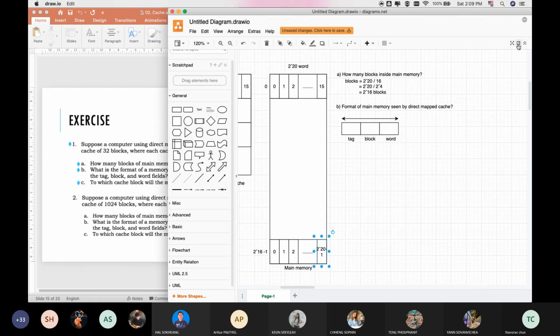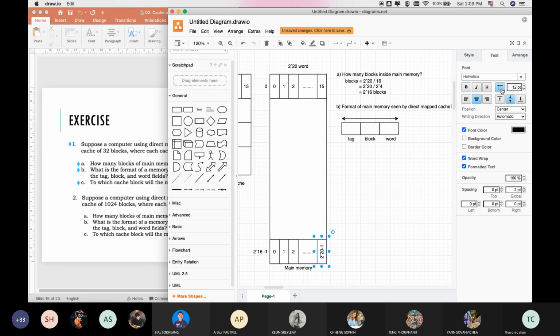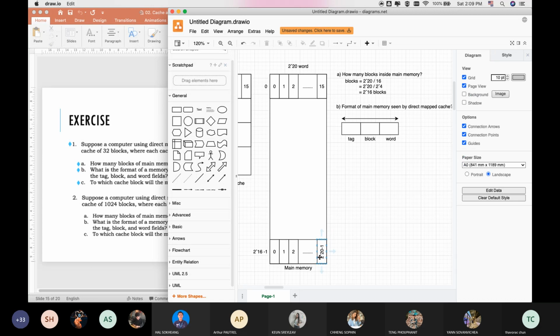Okay, you get what I mean? Change the order here. Like this. 2 power 20 minus 1. Why 2 power 20 minus 1? That is because the main memory has 2 power 20 words inside it.